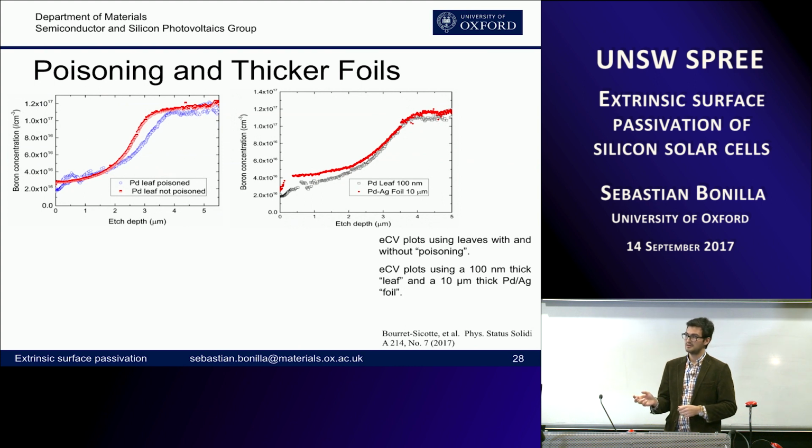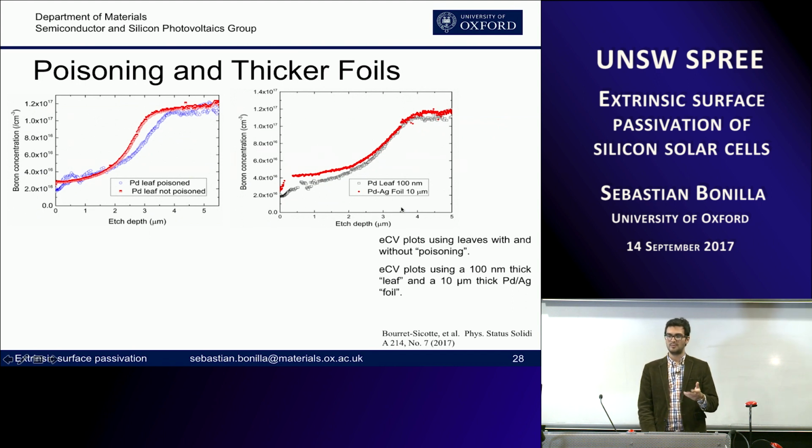And the key reaction when you want to hydrogen passivate is you want to avoid monatomic hydrogen recombining into molecular hydrogen. And that was the one thing that we observed was pretty key. We've also tested both palladium and palladium silver foil, and the palladium silver foil is simply from the point of view of certain phase changes that happen at high temperature in palladium. So we also wanted to avoid that.